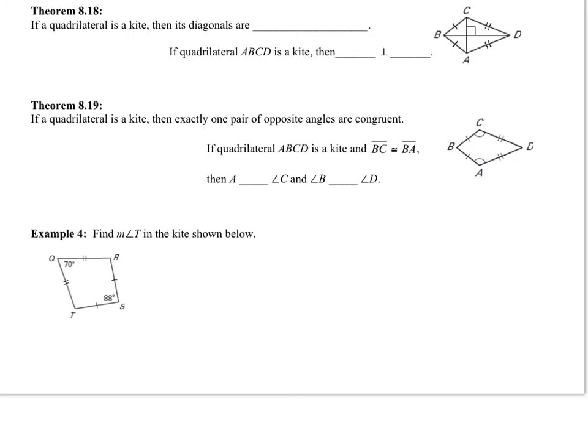Okay, now I'm going to quickly go over the last two theorems, and you're expected to preview the proof from my website after you finish this video. Theorem 8.18: if a quadrilateral is a kite, then its diagonals are perpendicular.